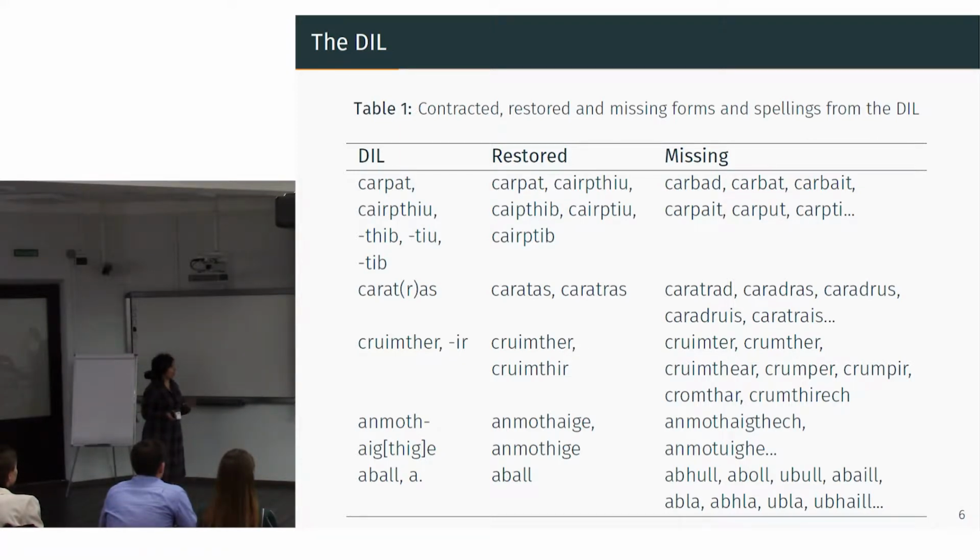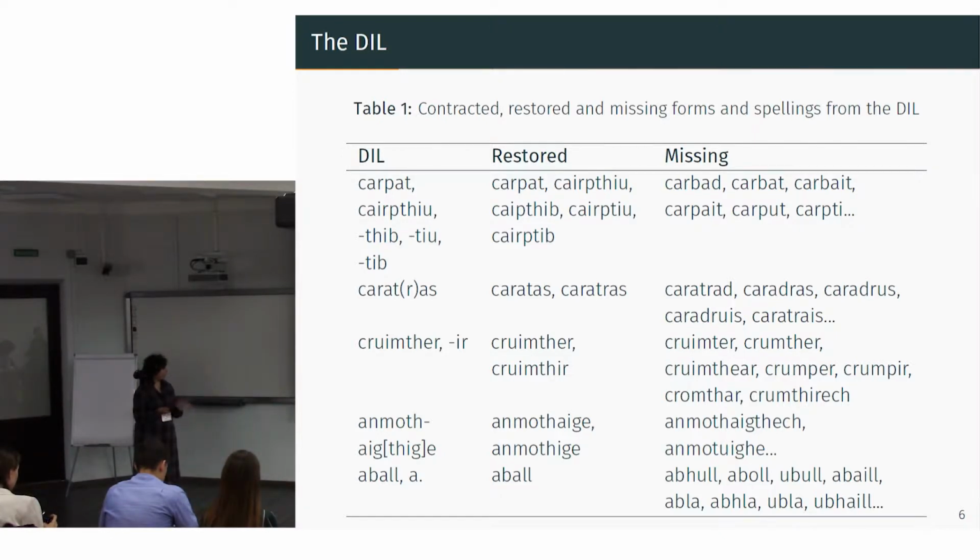So each of them used his or her own system of notation and system of contractions. So it's not very convenient, but at least there are some common contractions, and we can restore the forms by using these things.